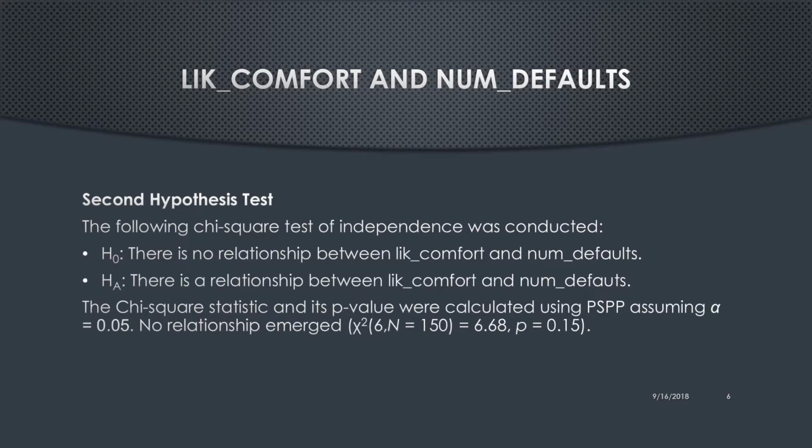The chi-square statistics and its p-value were calculated using PSPP, assuming alpha equals 0.05. No relationship emerged from the calculation of chi-square, 6 degrees of freedom, 150 cases with a chi-square value of 6.68, a p-value of 0.15.